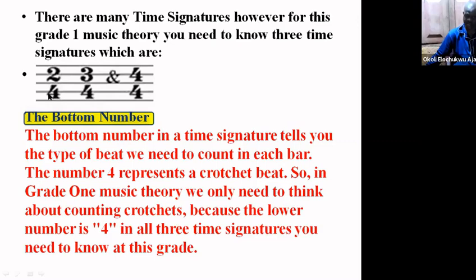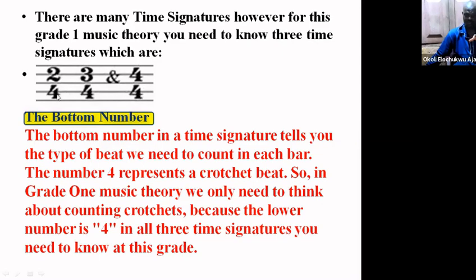So that's why we're having just 3 of them, that the bases are 4. So counting crotchets, because the lower number is 4 in all 3 time signatures, you need to know at this grade. So these are the 3 time signatures that we're looking at this night.